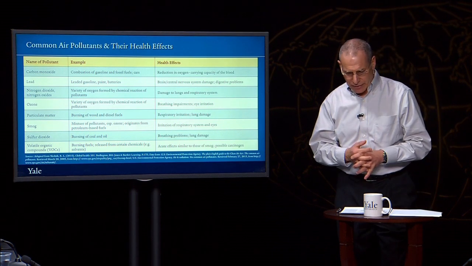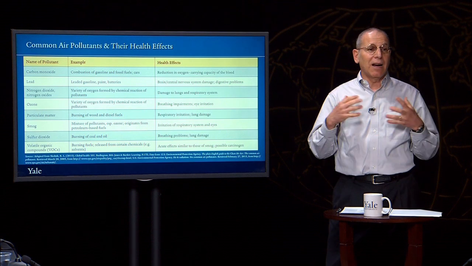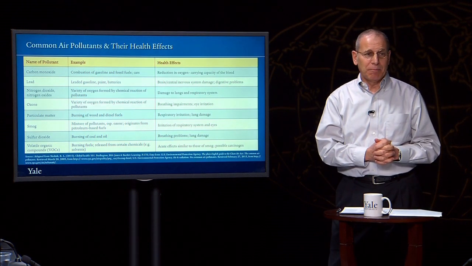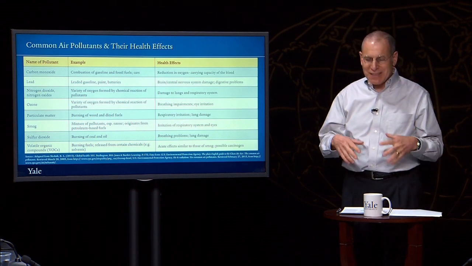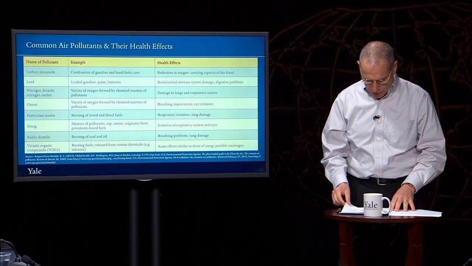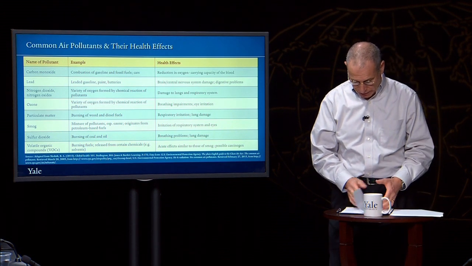UNICEF and the World Health Organization estimate that about 90% of the world's population does have access to an improved water source. But even if that's true, it still would mean that about 750 million people in the world lack access to safe water, and about 200 million people depend on open water sources.